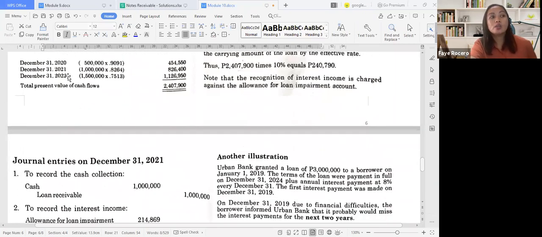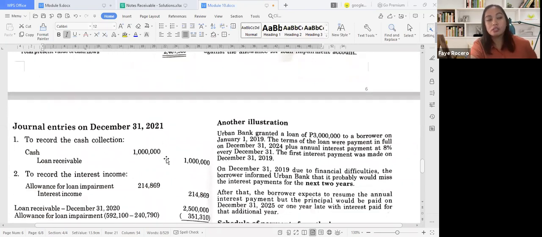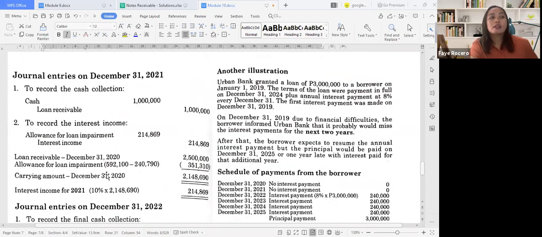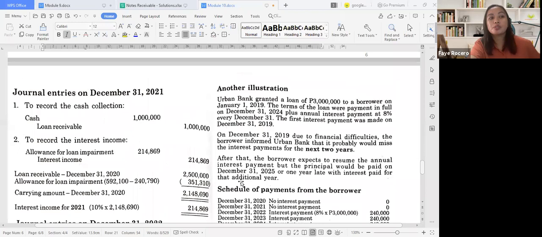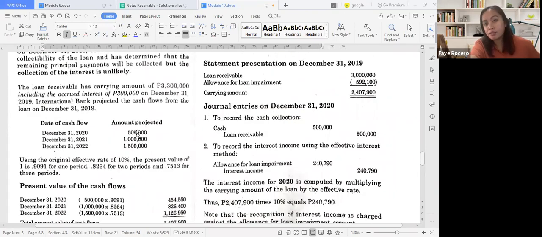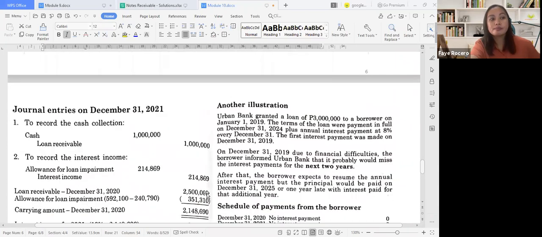The following year, 2021, 1 million, we received the collection. And then, to record the interest income, for the loan receivable, you get the carrying amount, and whatever is the carrying amount, we multiply it by the 10% ulit. Ganun pa din. So the loan receivable on December 31, the balance that we have, 3 million minus 500,000, is 2.5 million.